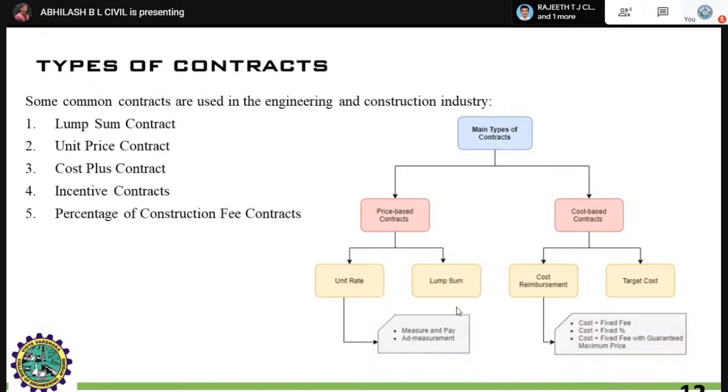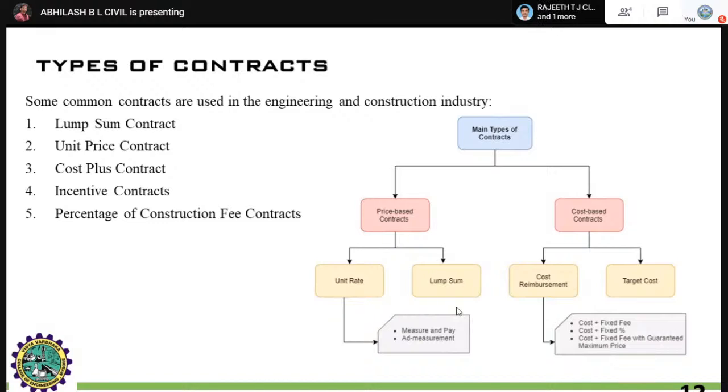Similarly, there is the unit rate and the overall lump sum amount, that is the wholesale amount. Next, coming to the cost based contracts, how the cost reimbursement takes place, like a material contract or a labor contract. Like this, the target cost will vary with respect to the financial sectors.